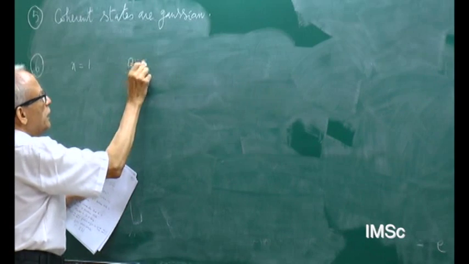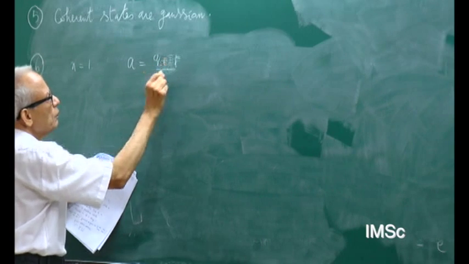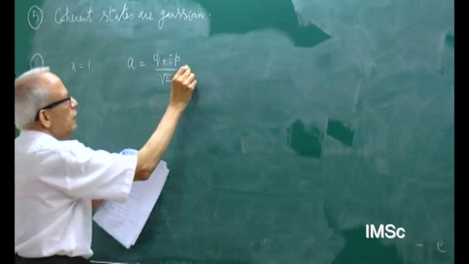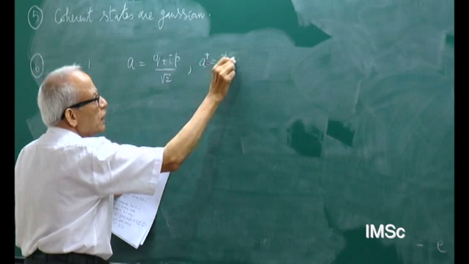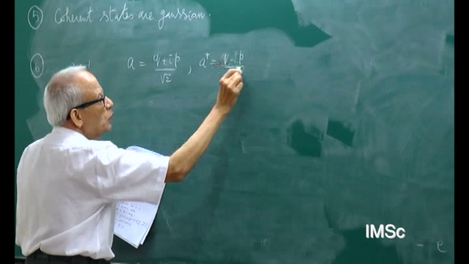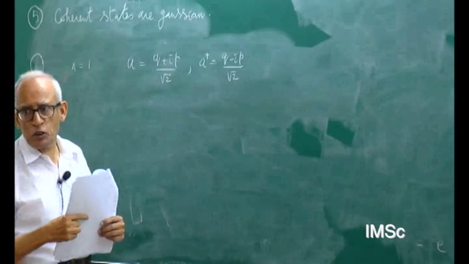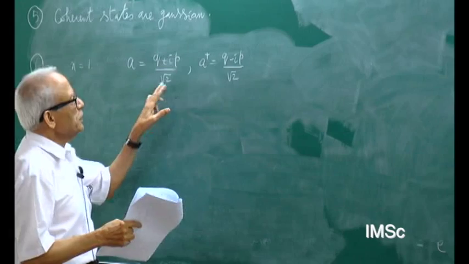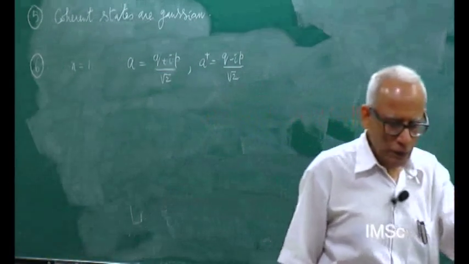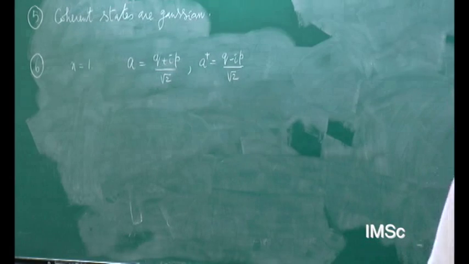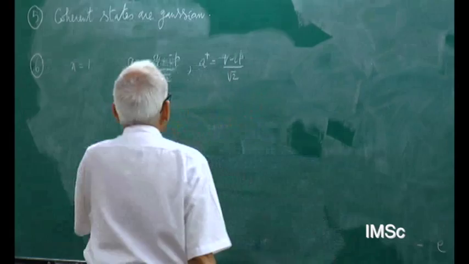You write A equal to Q plus IP by root 2 and A dagger is Q minus IP over root 2. For those who are interested in mathematical sophistication, this expression on the Schwarz space is closable, so it gives you a closed operator with a dense domain.